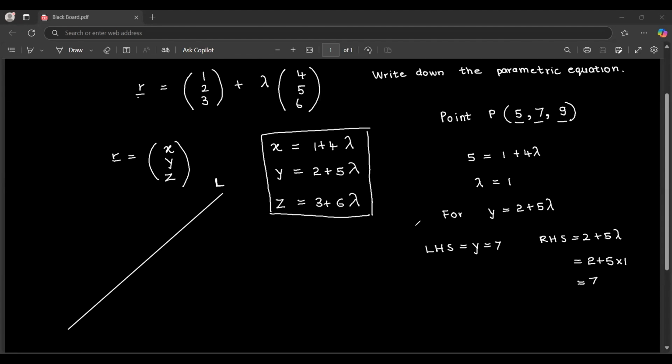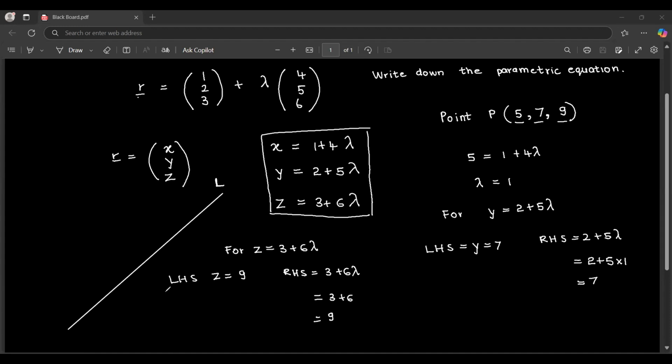Similarly, you have to check for z also. So for z, the equation is 3 plus 6 lambda, and LHS z is equal to 9. What about RHS? RHS is equal to 3 plus 6 lambda, and we know lambda is equal to 1. So 3 plus 6, which is equal to 9.